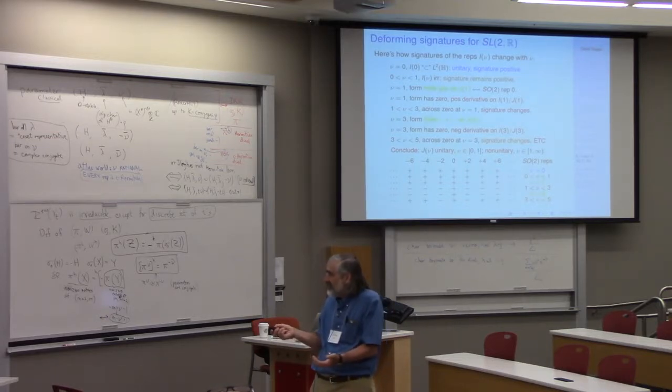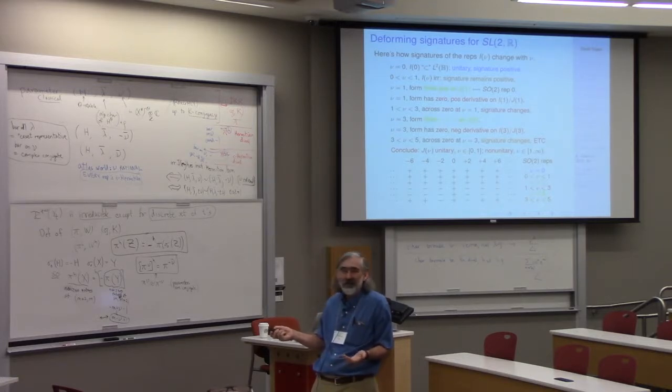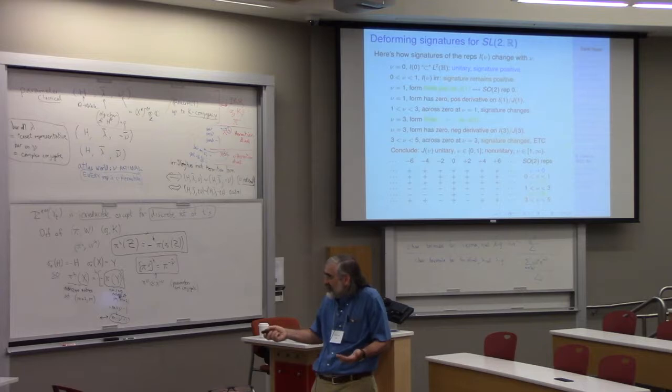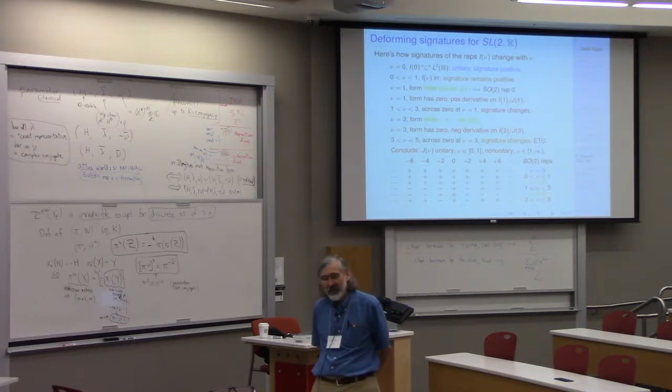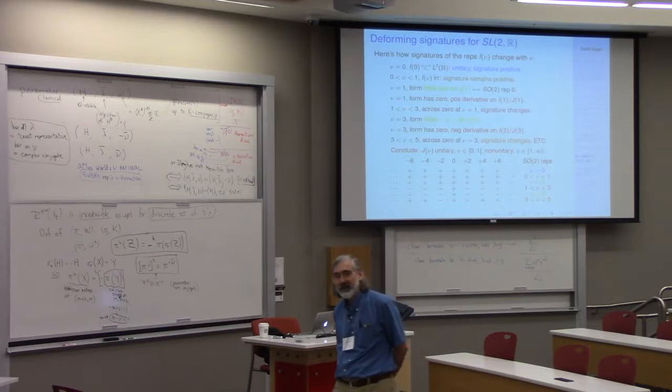But if you renormalize by dividing by nu minus 1, it's clear that you inherit a positive form there. And so yes, that's quite general, that if you have a unitary open region, then all the composition factors at the boundary have to be unitary.